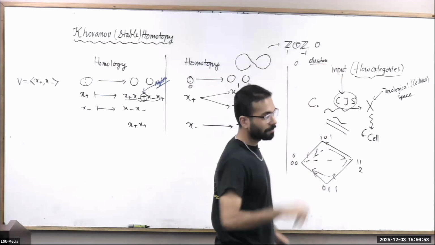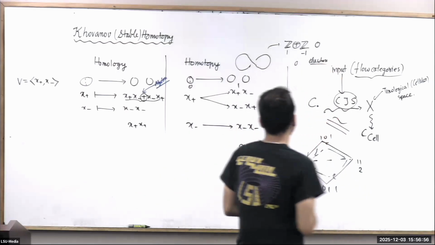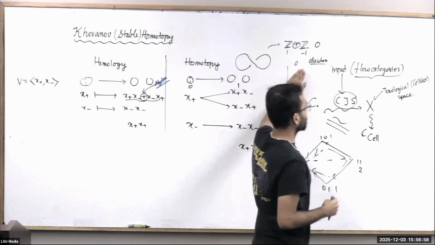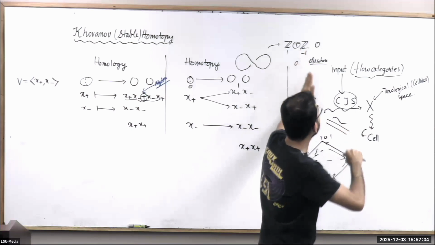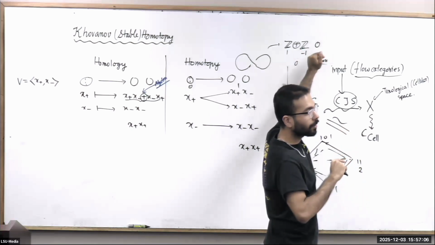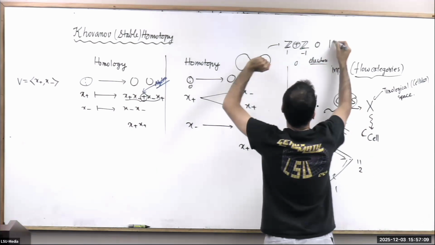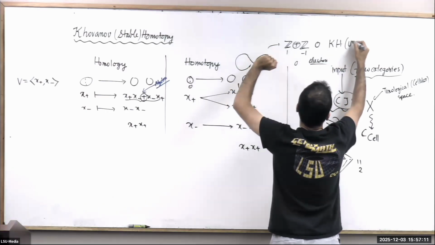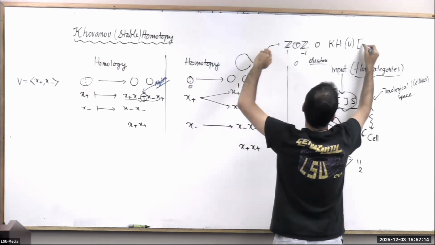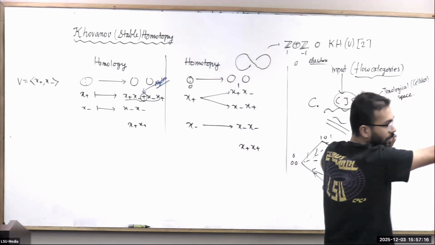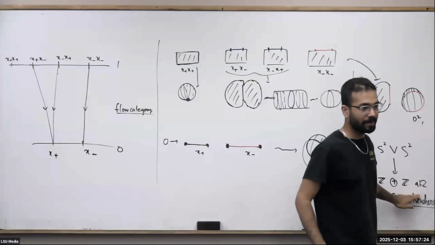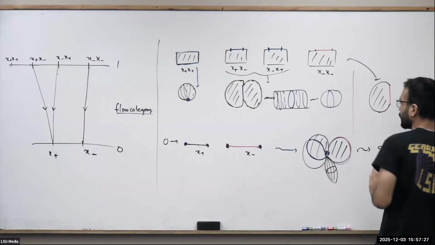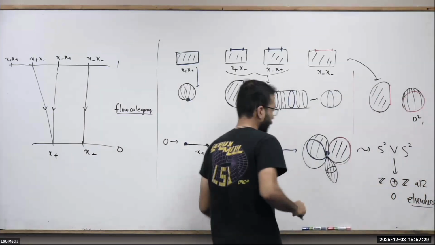We computed this sometime back in the beginning of the classes. So this is the quantum homology of this guy. All it is, that thing gives you the homology if you shift this grading by 2. If you shift the homological grading of the Khovanov homology of your unknot by 2 to the right, it coincides with the homology of this guy. So let me show you what's happening.